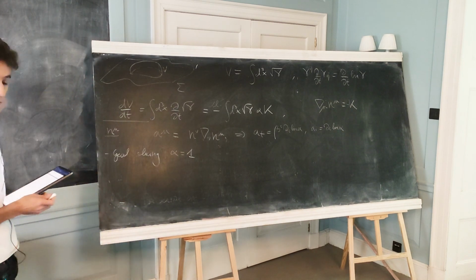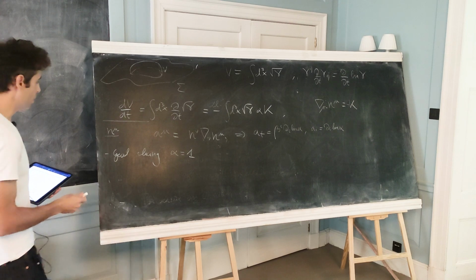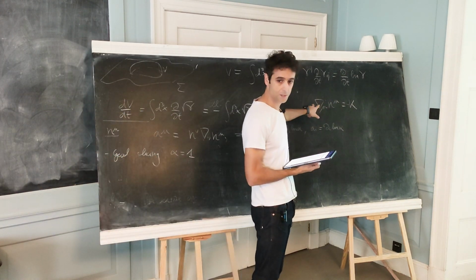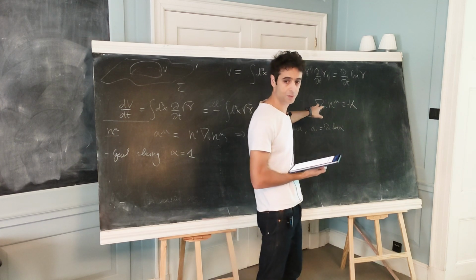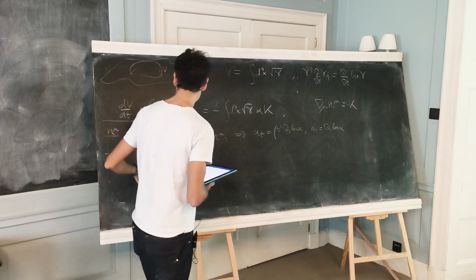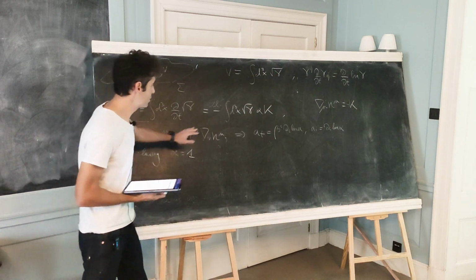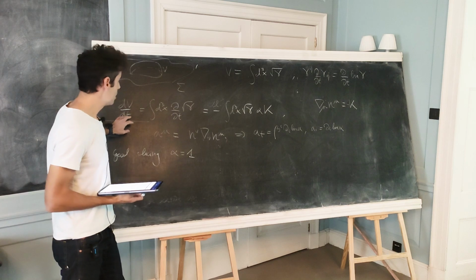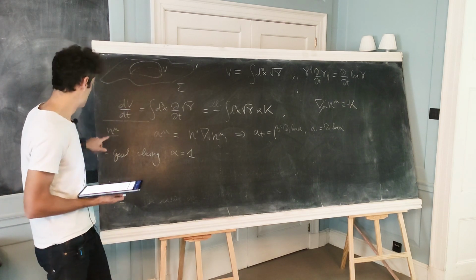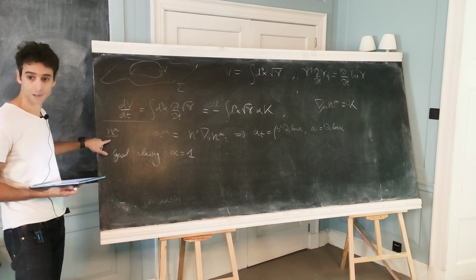Okay? And another way to see this is that the volume elements that these observers see are related to the trace of the extrinsic curvature. That's seeing how the trace of the extrinsic curvature controls the rate of change of the volume elements seen by these observers.